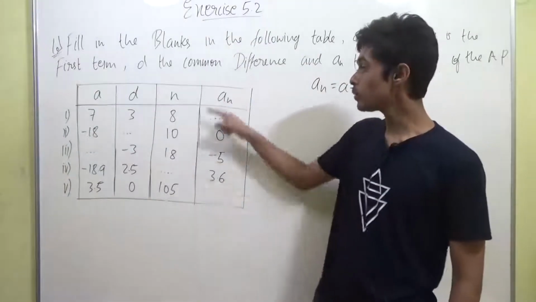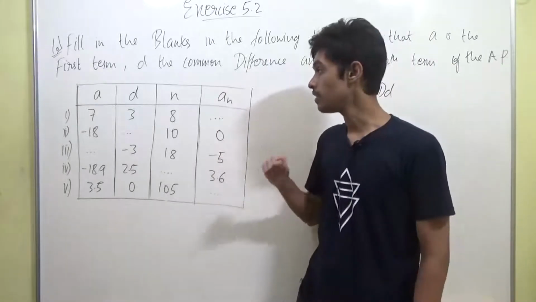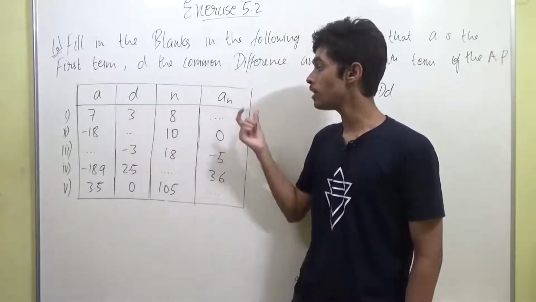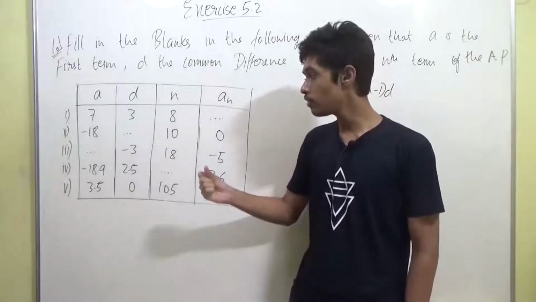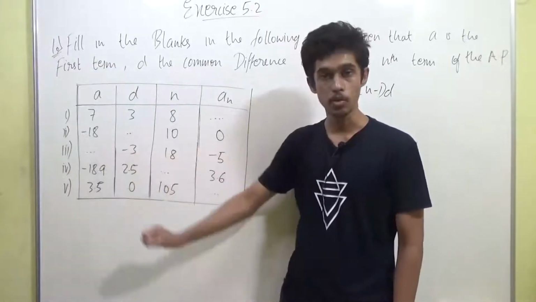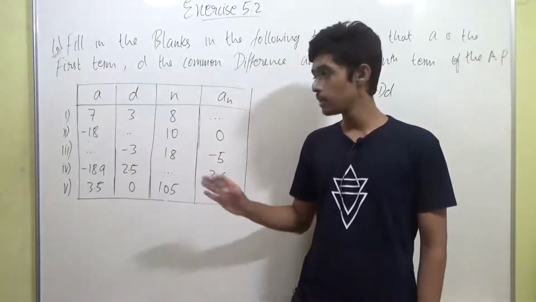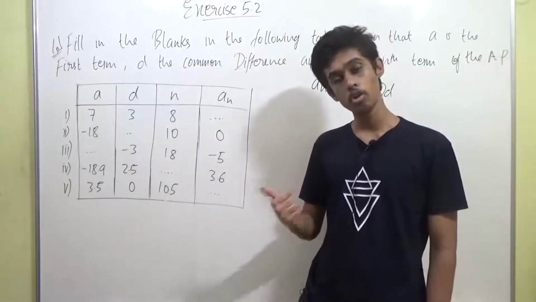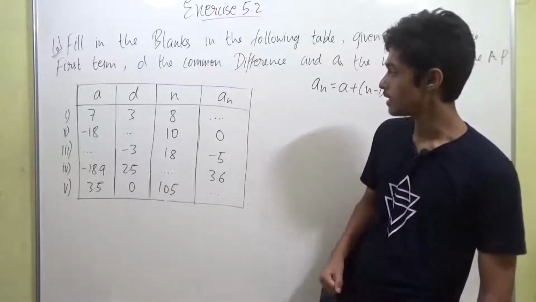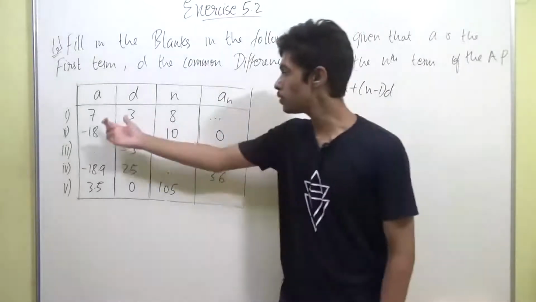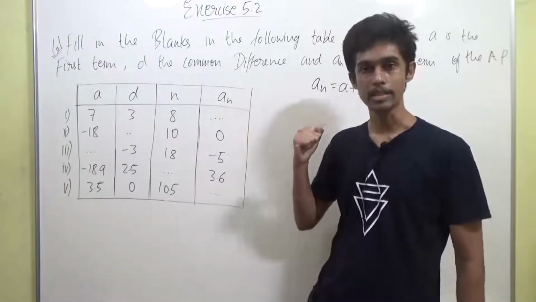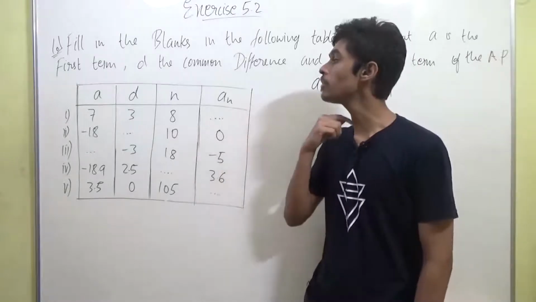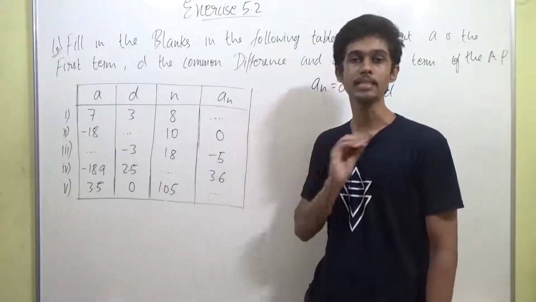So in this question, they have given 5 sub-questions where, of the 4 values, they give 3 values, and we have to find the fourth unknown value. We just have to put these values into the equation and simplify to get the unknown value. As simple as that.